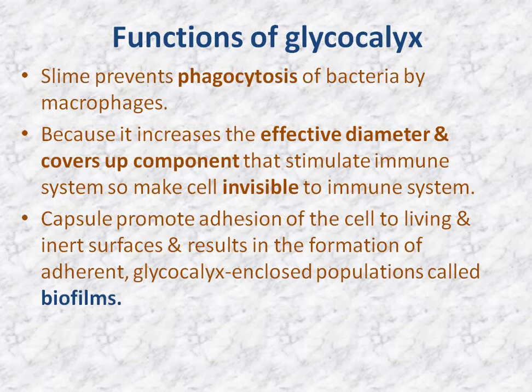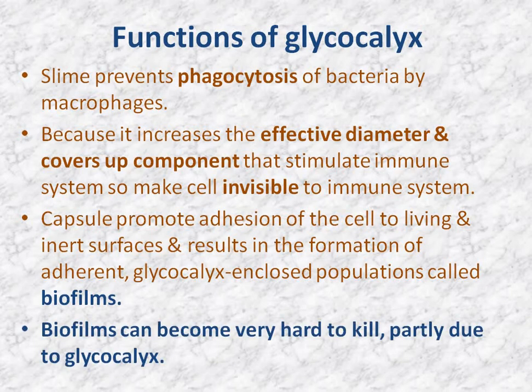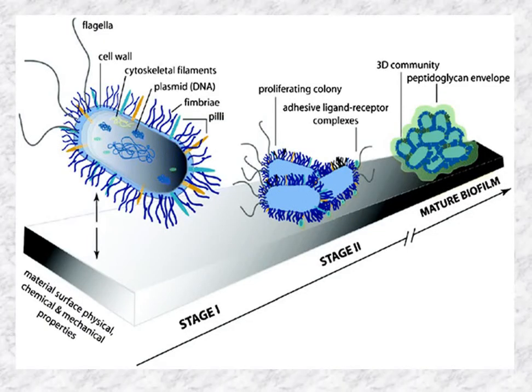So that makes a colony of bacterial cells, maybe of the same species or of different species. Together they make a colony that is called a biofilm, covered by glycocalyx. And biofilms are very hard to kill, and that is due to that covering which is made up of glycocalyx.